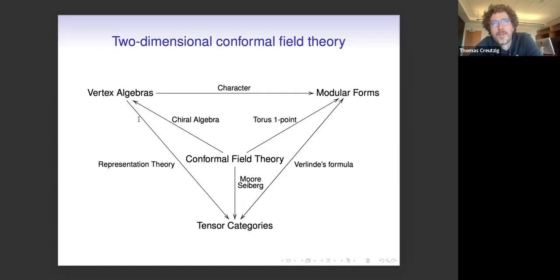On the other hand, if you think about it in a TFT type sense, then this move corresponds exactly to the open Hopf link. If one combines this, it means the Moore-Seiberg axioms imply directly that the modular group actions on the tensor category and on the torus one-point functions are the same, and in particular, Verlinde's formula is the same. I will start by explaining that.